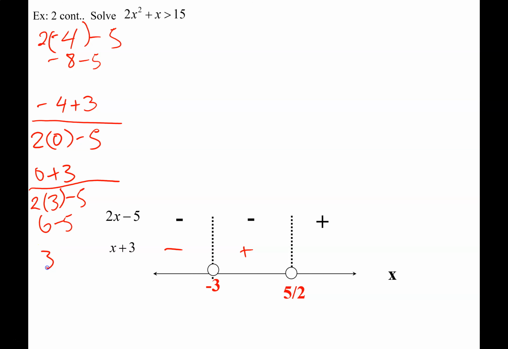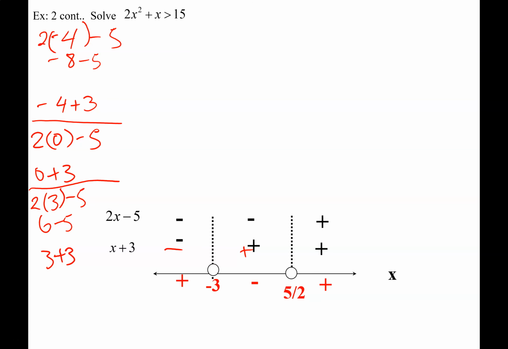And then 3 plus 3, that should be a 6. So again, the fact that it's positive, that's what I care for. All right. So again, you're going to be multiplying these signs. Negative times negative gives you a positive. Negative times positive should be giving you a negative. Positive times positive is a positive there.